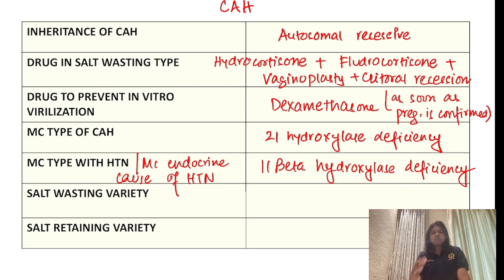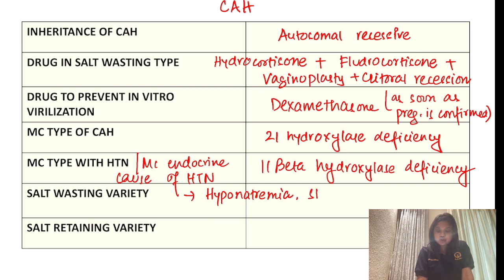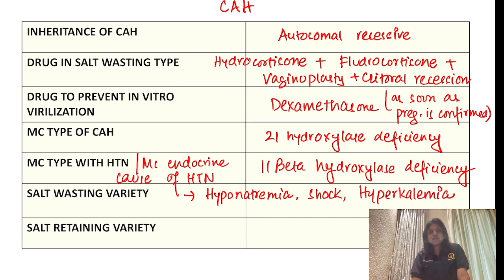So salt wasting means we are losing salt, and by salt we mean sodium, right? So we are going to get hyponatremia. If there is hyponatremia, there is going to be hypovolemia. The clinical finding is going to be that of shock. There is hyperkalemia, metabolic acidosis.